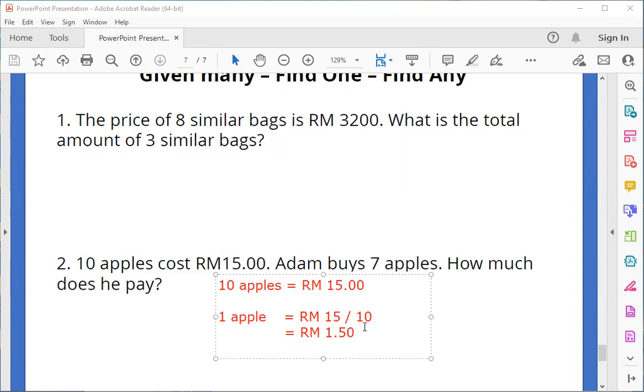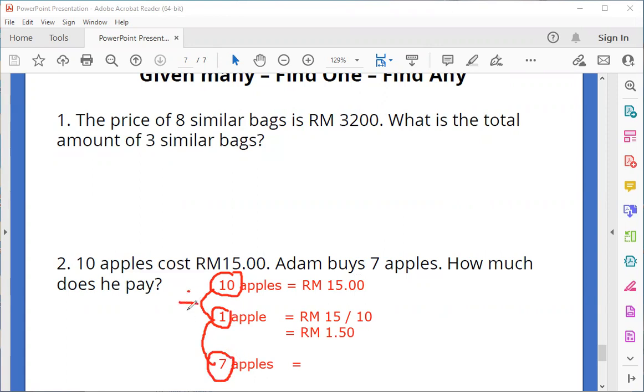Now, when you want to buy 7 or 8 or any number of apples, you just have to write it down. 7 apples. And remember, you have 1, you want to find many. Here, you have many, you want to find 1. You have 1, you can find any number.